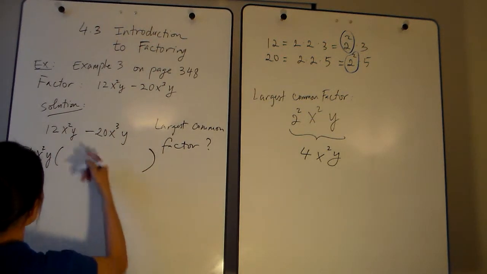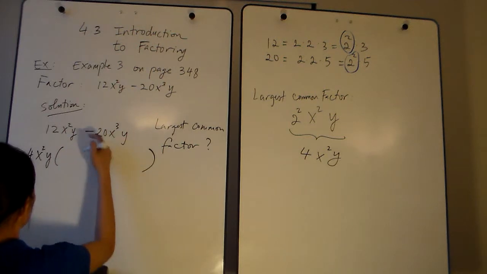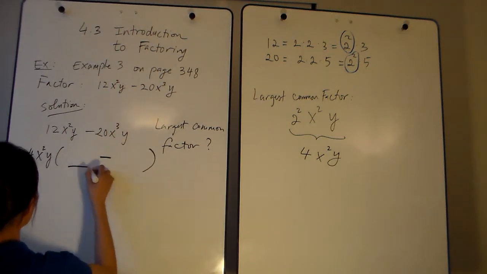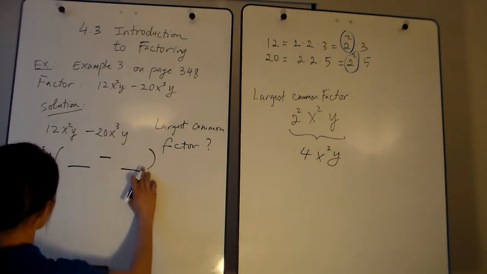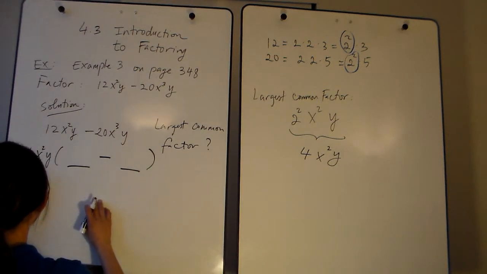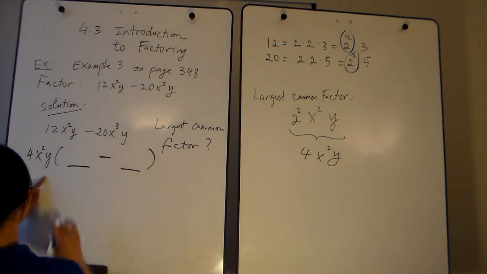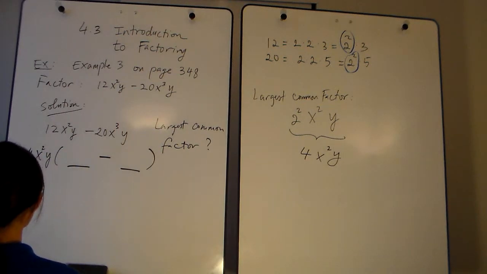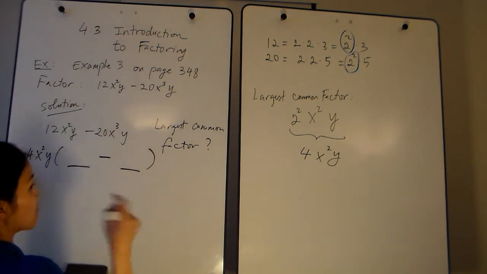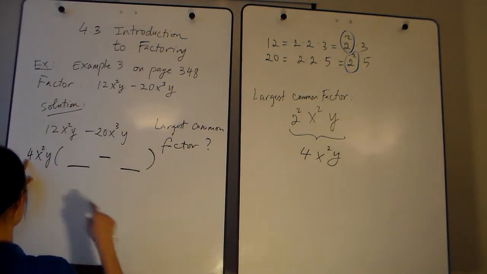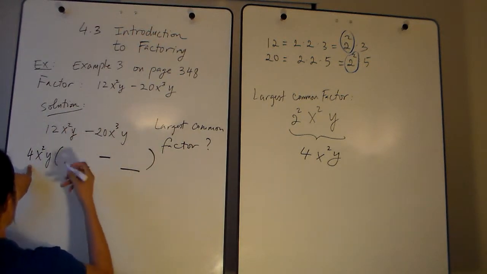Now, very similar to the last example, the subtraction goes here. Your job is to find what goes between the parentheses. So 4x squared y times what equals 12x squared y? If you have a hard time, look at one factor at a time. The 4 right here, 4 times what equals 12? Got to be 3.